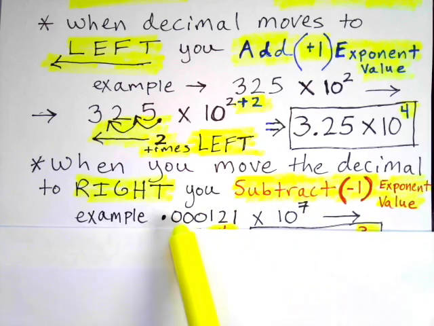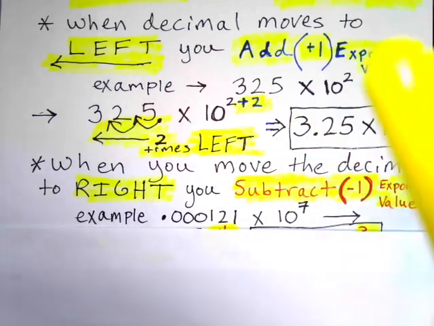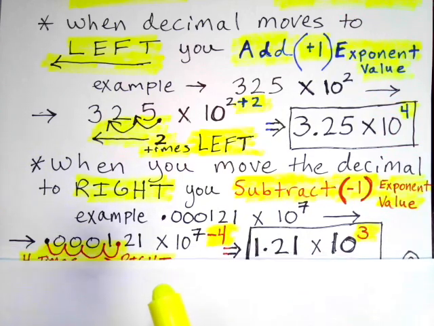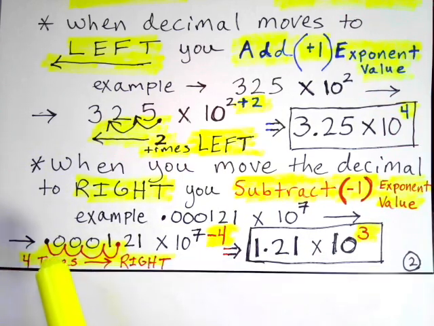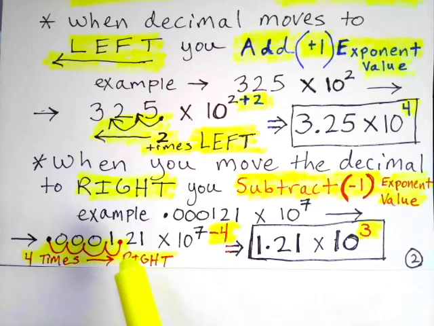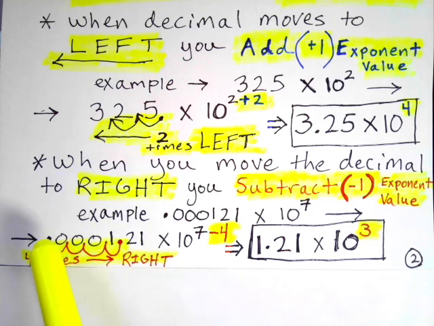I need to move that decimal until I get a number between 1 and 9.9. Let me show you here. I've got that 1, 2, 3, 4 times. I had to move it 4 times to the right in order to have a number between 1 and 9.9. So 1.21 is a number between 1 and 9.9. That's when I know I need to stop moving that decimal, right?